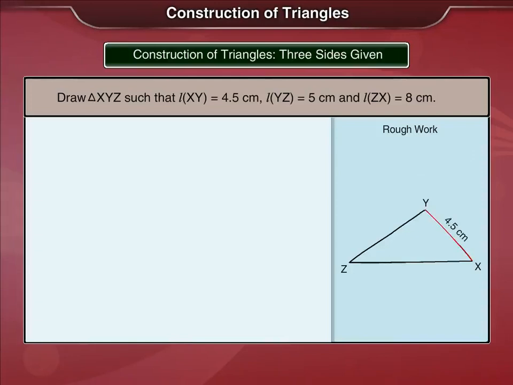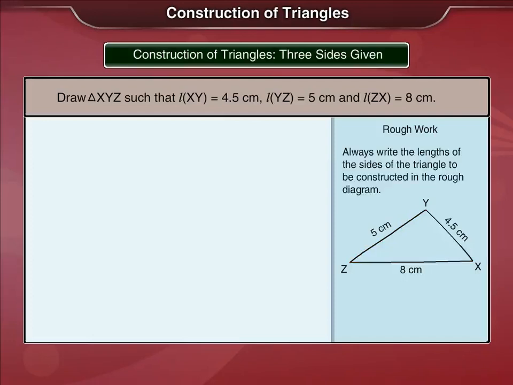Let's start constructing the triangle. As ZX is the longest side, let's draw it as the base of the triangle. Using a scale, draw segment ZX of length 8 centimeters.